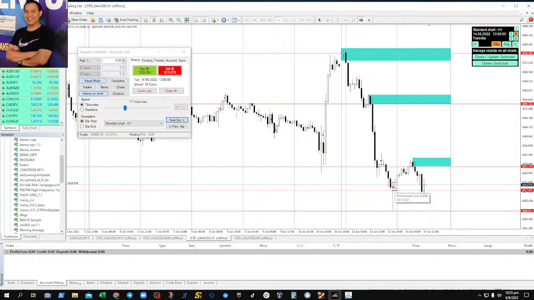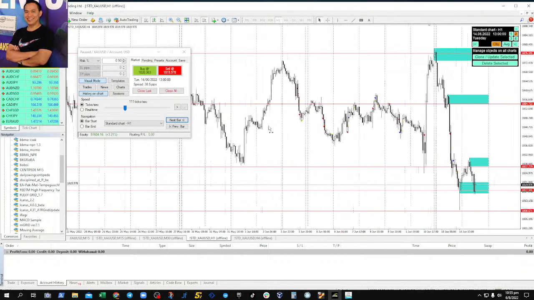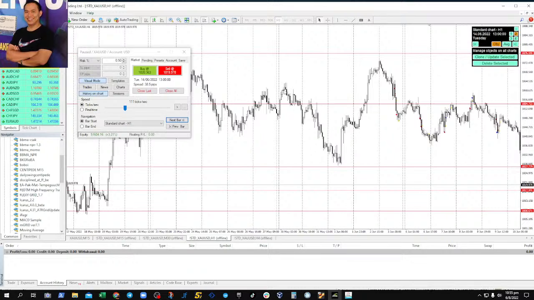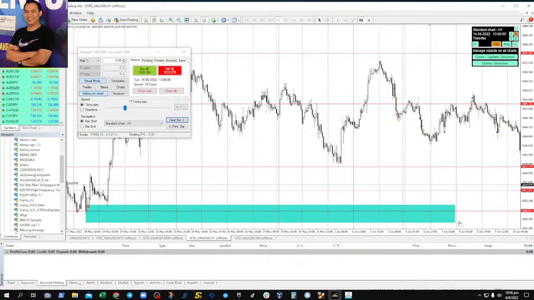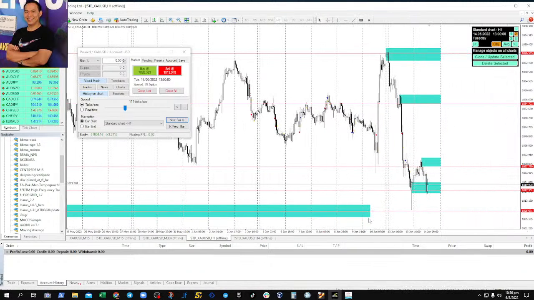I'll take this zone instead. Something like this. Okay. Then, of course, this one, which is all the way back there. Oh, ugly. Just approximate. It doesn't really matter.